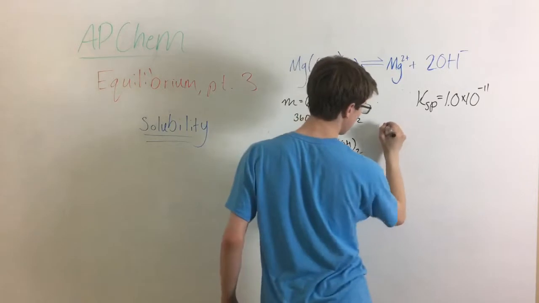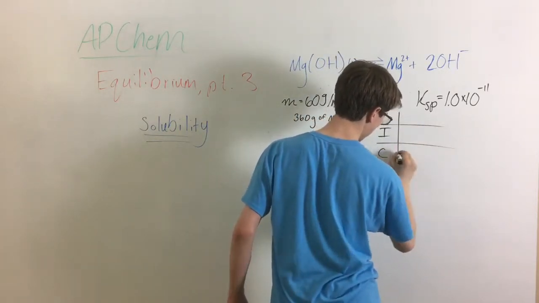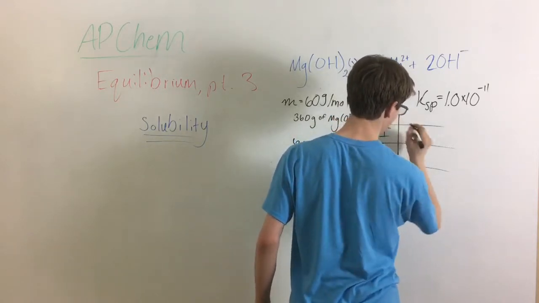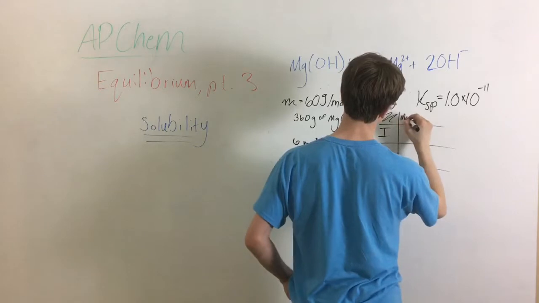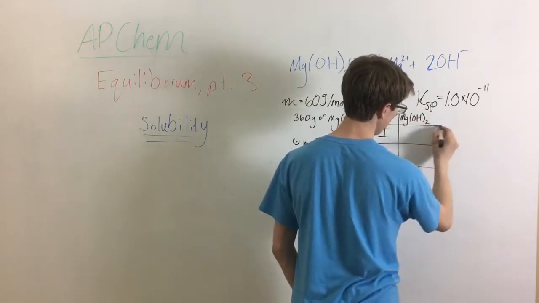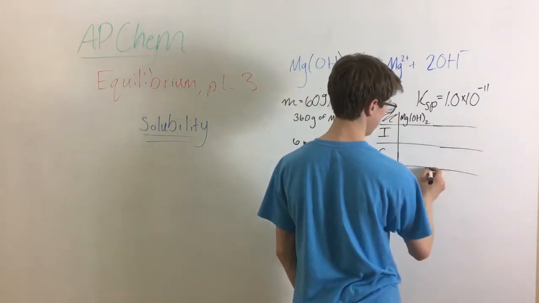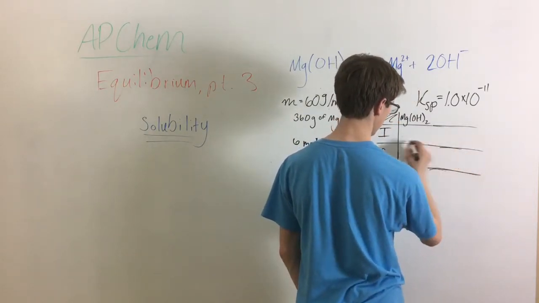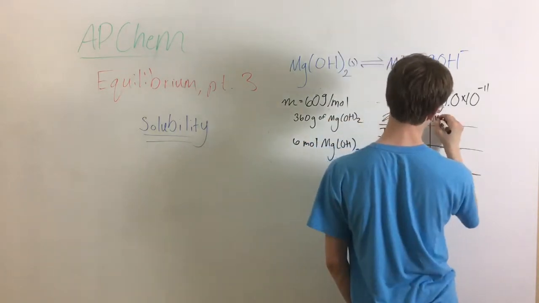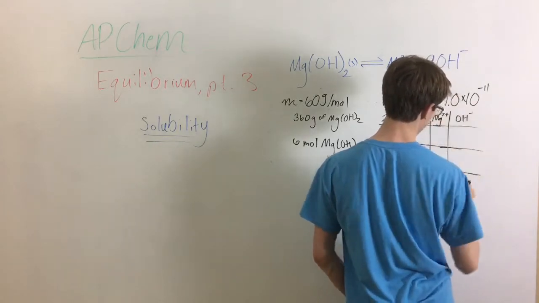So what we'll do is we will do an ICE table. So we have our I, our C, and our E. And here we have MgOH2, magnesium ion, and hydroxide ion.